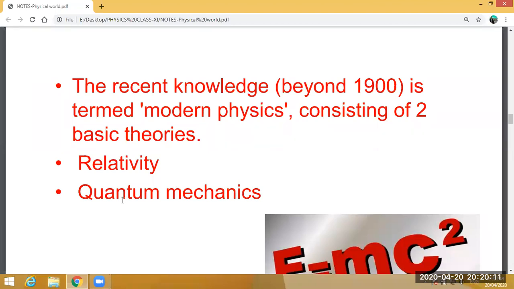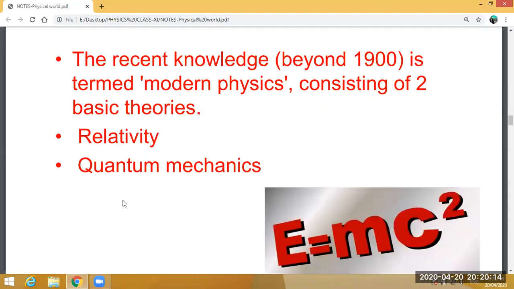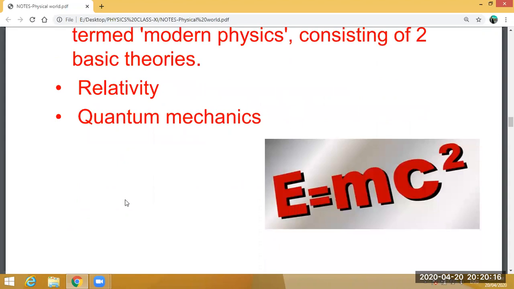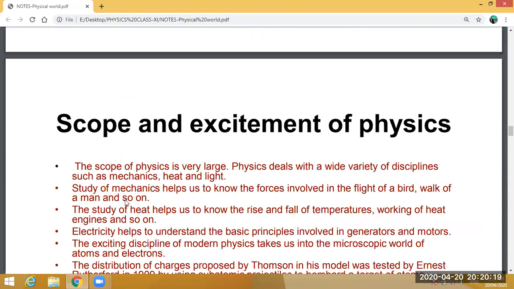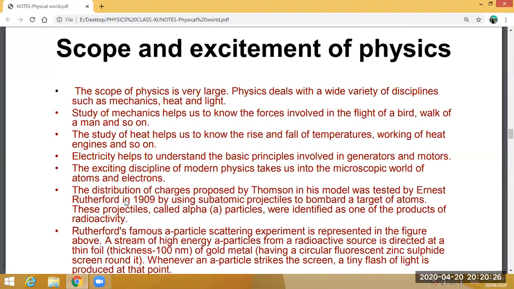So we have discussed the branches of physics and what physics is. Now the next, third point to be discussed is the scope and excitement of physics. We people are in the habit of thinking that we can do anything we are interested in only when that activity benefits us, our society, or this world.